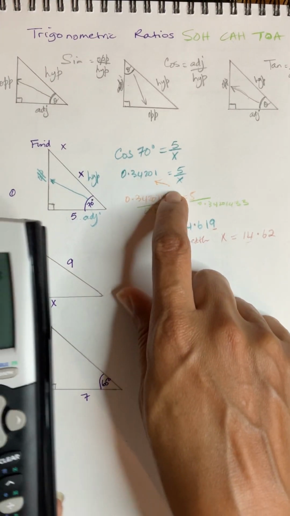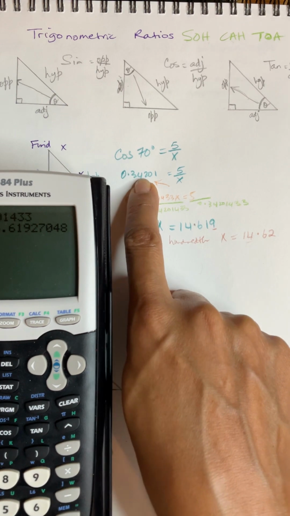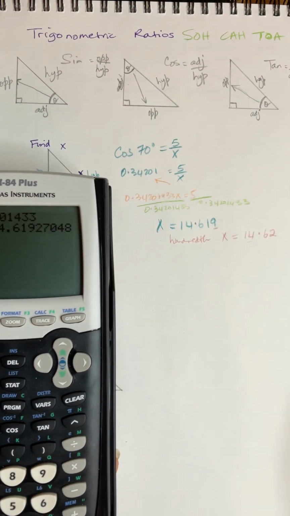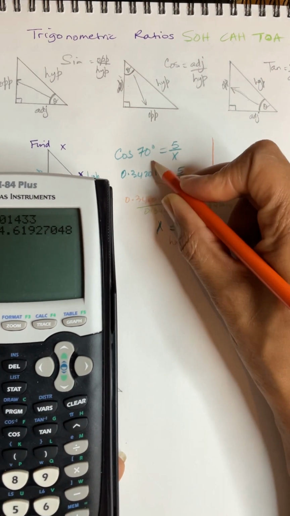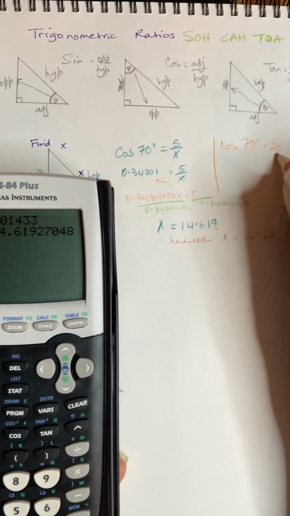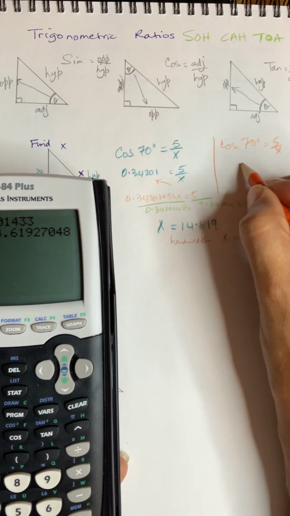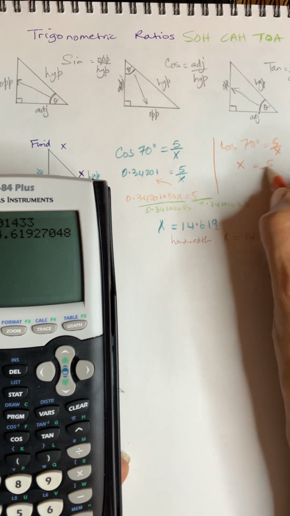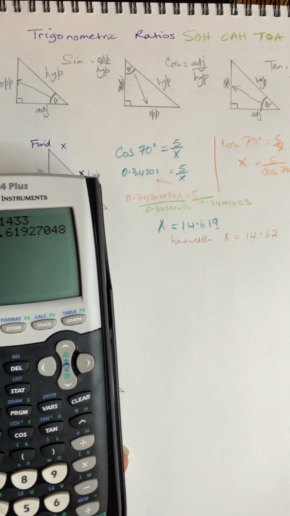Because it's set up like this, x is going to equal 5 divided by cosine of that. So another way to simplify this, you can just write that cosine 70 degrees equals 5 over x. You cross multiply, and x is equal to 5 divided by cosine 70 degrees. Okay, so that's basically what it is.